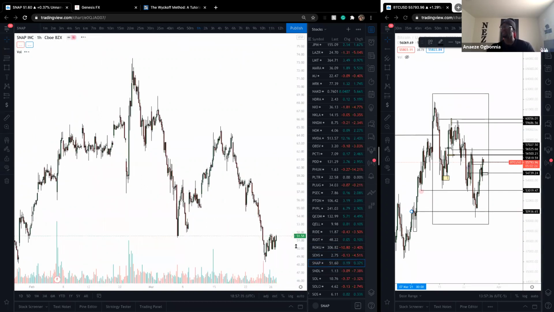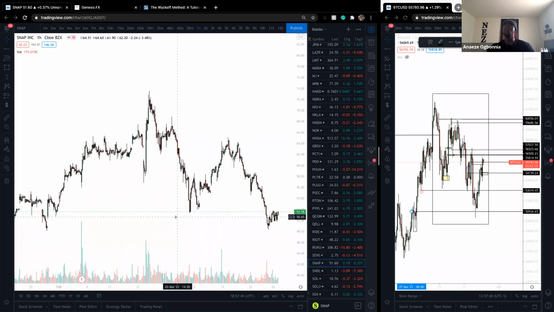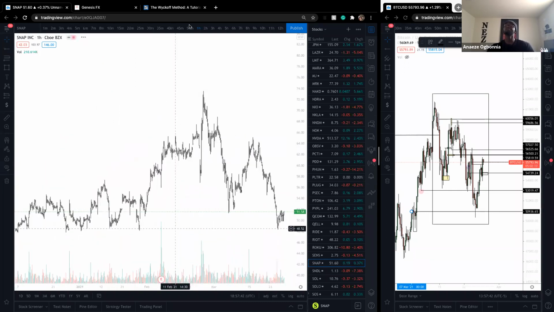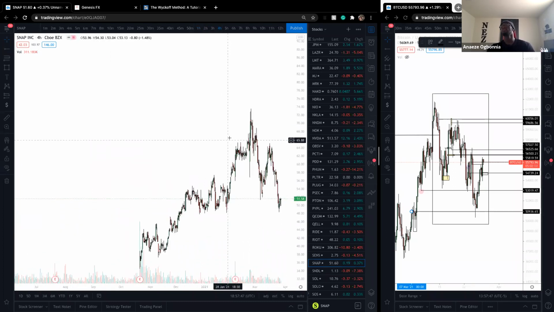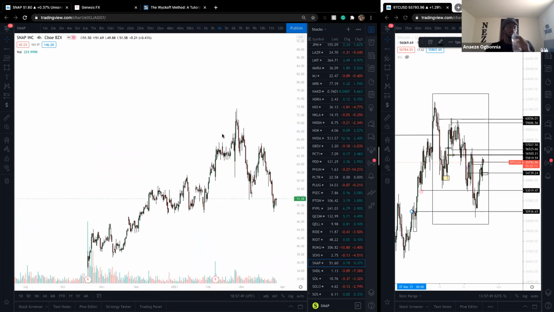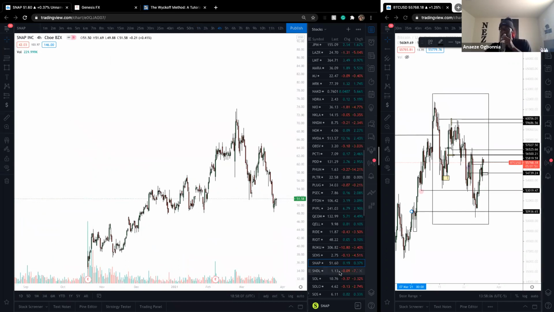I think Snap's gonna go to 50. Oh, it already did. Bearish.